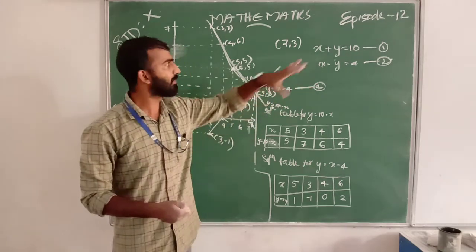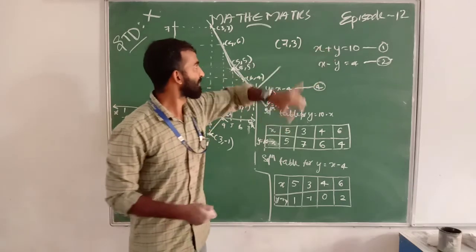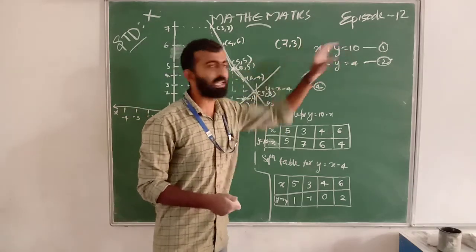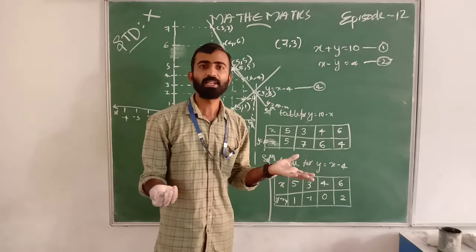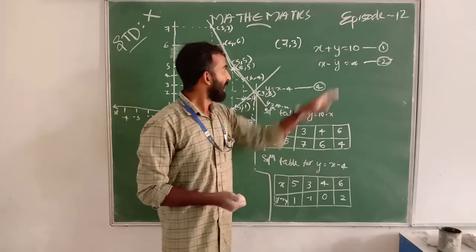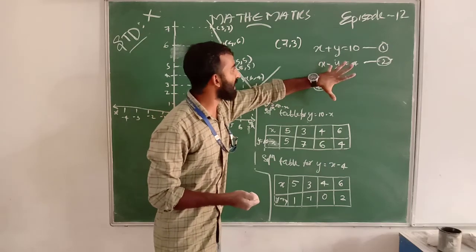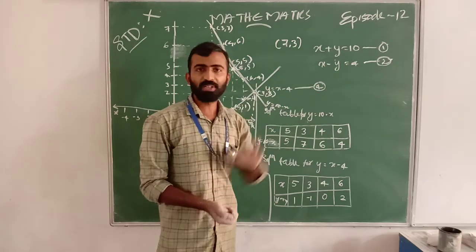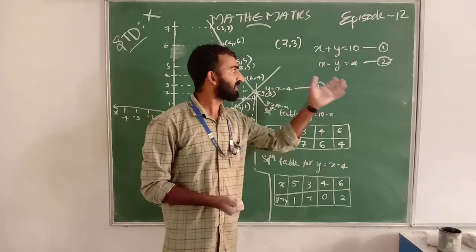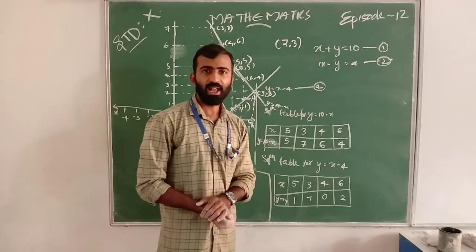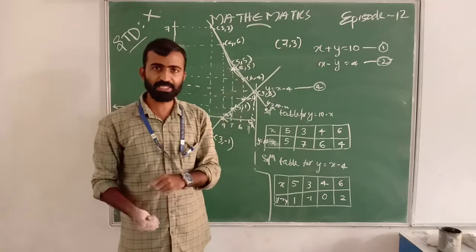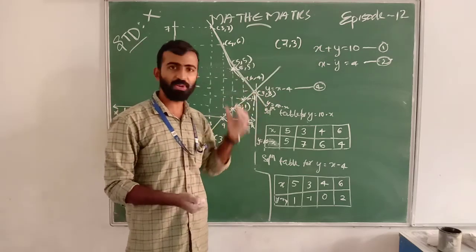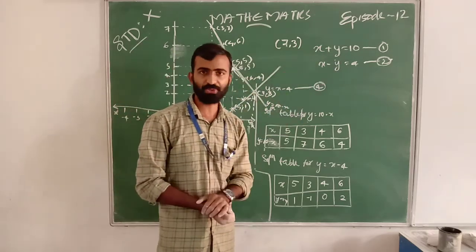You can give the value x is 7, y is 3. 7 plus 3, you get 10. When we take the difference 7 minus 3, the answer is 4. These equations are satisfied by these values. Yes, the intersecting point is the solution of our equations.